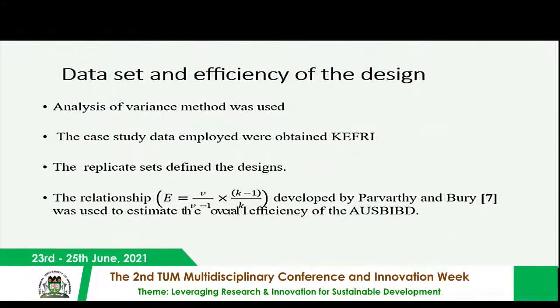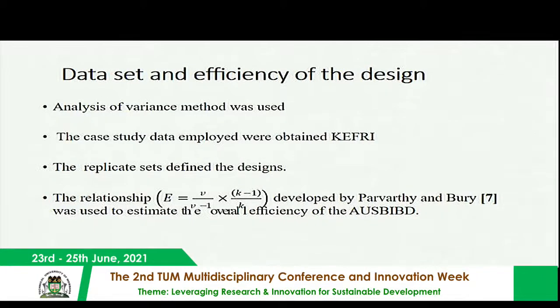Next. For the data set and the efficiency of such designs, we obtained data from Kemfrey, Kisumu, Maseno branch, and the data was arranged in 3 different sets. Set 1 was considered to be the parent design, design 1, where the value of lambda was treated as 1. That is, the pairs of trees in that field were appearing just once. Then for set 2, lambda was set to be 2, and for set 3, lambda was set to be 3, so that the third set was the sum constructed design.